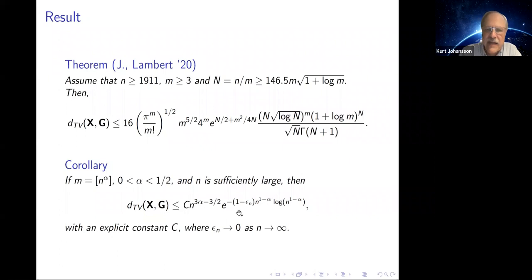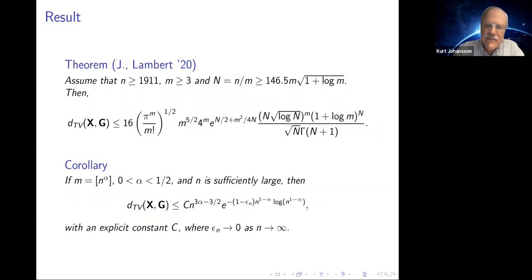You have something like almost, where epsilon is something that goes to 0. So it's almost, but not quite, e to the minus n to the 1 minus alpha log n to the 1 minus alpha. This epsilon n takes care of the aspects of this here, and you can make it precise, of course, by analyzing what you actually have there.